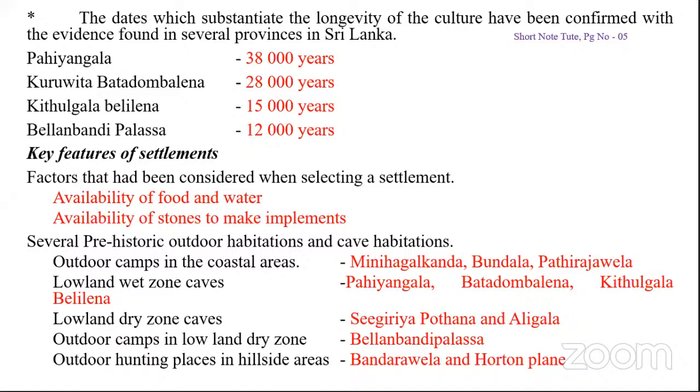But if there's a question, a cave in the lowland wet zone, then you must write Pahiyangala, Batadombalena, and Kitulgala. This was given in early question papers as a past paper question regarding the caves where Stone Age man of Sri Lanka were living.